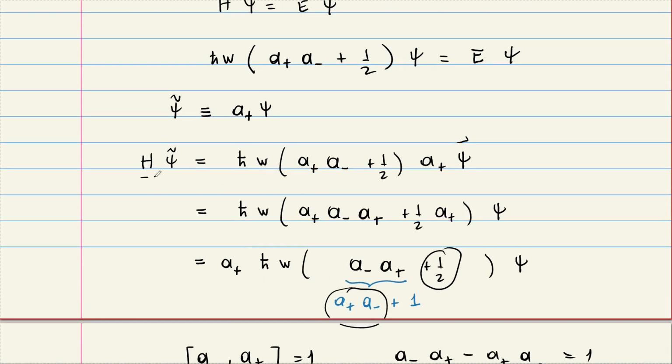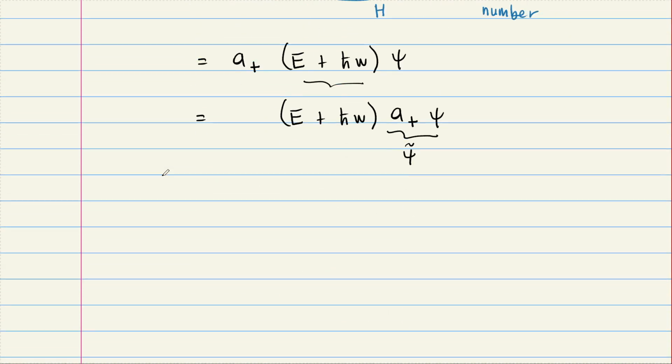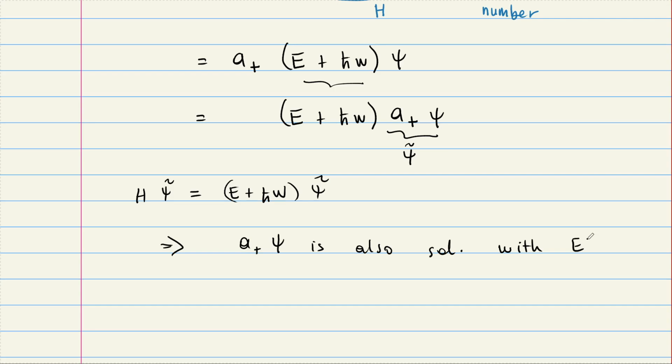I have h psi tilde is equal to E plus h bar omega psi tilde. Therefore, we just proved A plus psi is also a solution, but with energy E plus h bar omega. Good?